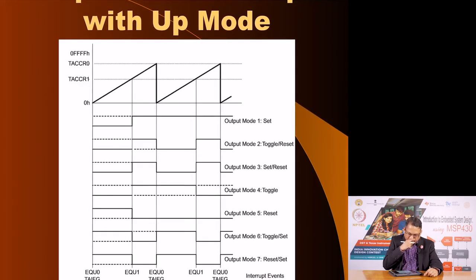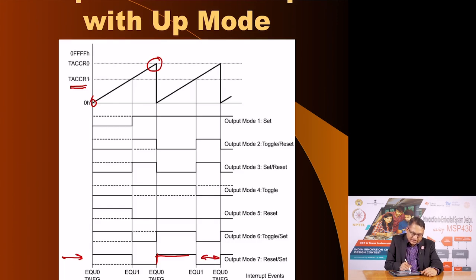You have chosen the up mode in which the value is going to go from 0 to the value stored in TACCR0. When it matches the value of TACCR1, here this is the 7th mode, the output is reset, and then when it reaches this value it is set. So, it is going to remain high for the count stored in TACCR1, and for the rest of the time it is going to become 0.